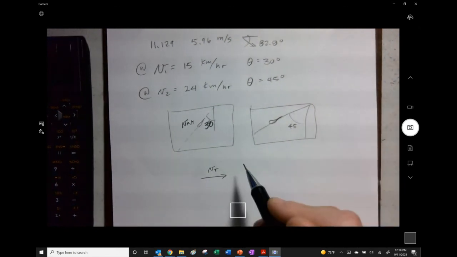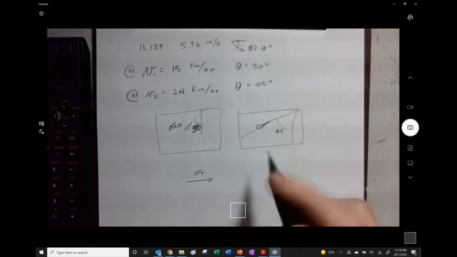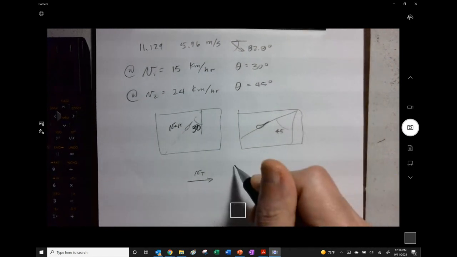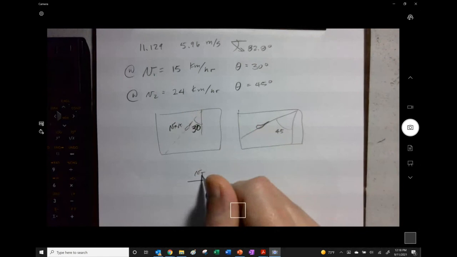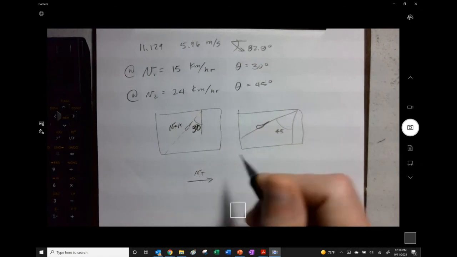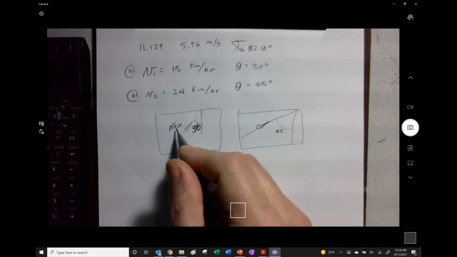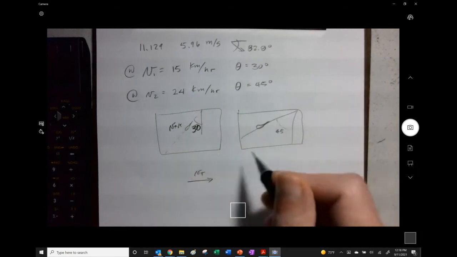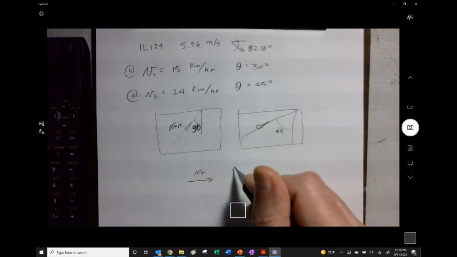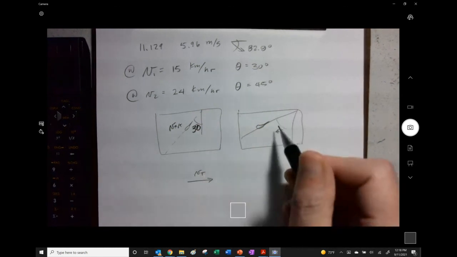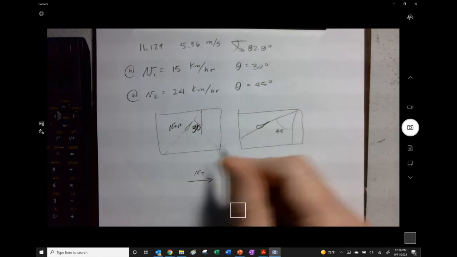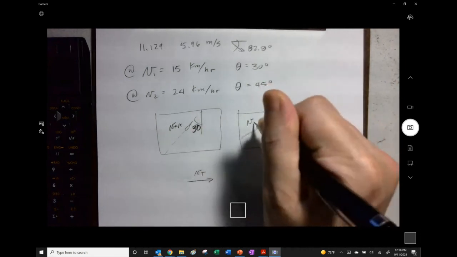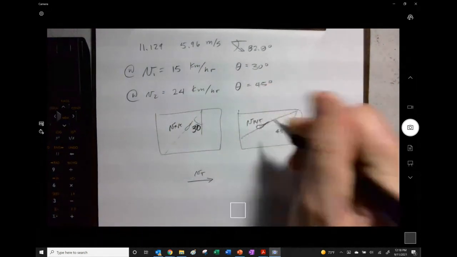All right, so what they've told us essentially is that we know the velocity of the train, and we know the angles that can be made, right? So we have two equations, and we can get two unknowns right here. So once again, this is the velocity of the rain with respect to the train.